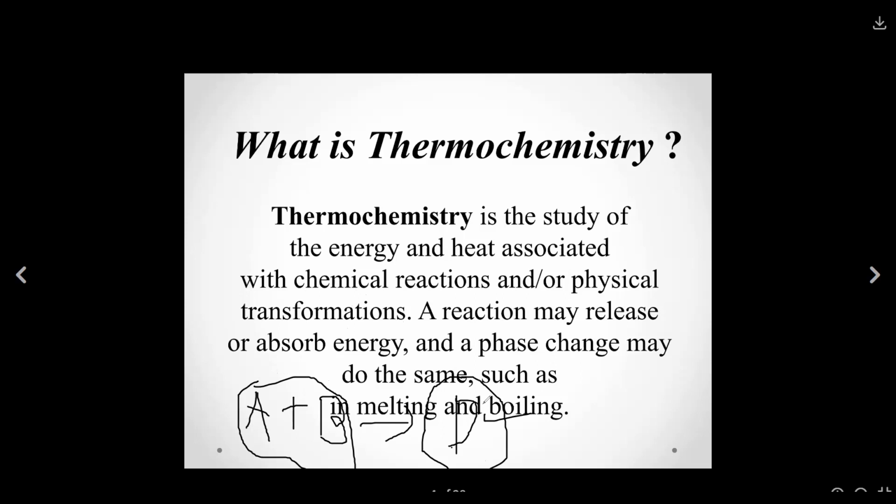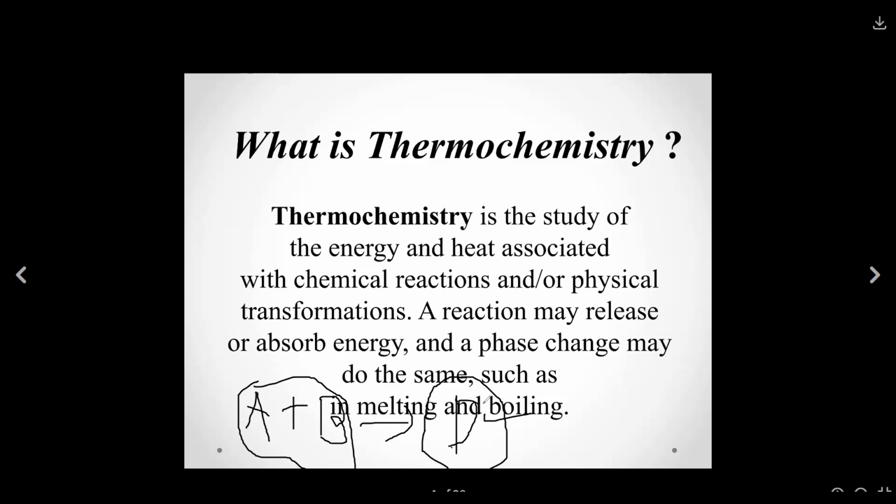So in a process where the reactants are converting to produce a product, or the products are going back to produce the reactant back in the case of reversible reactions, that amount of heat that is absorbed or released during that process is what you call thermochemistry.